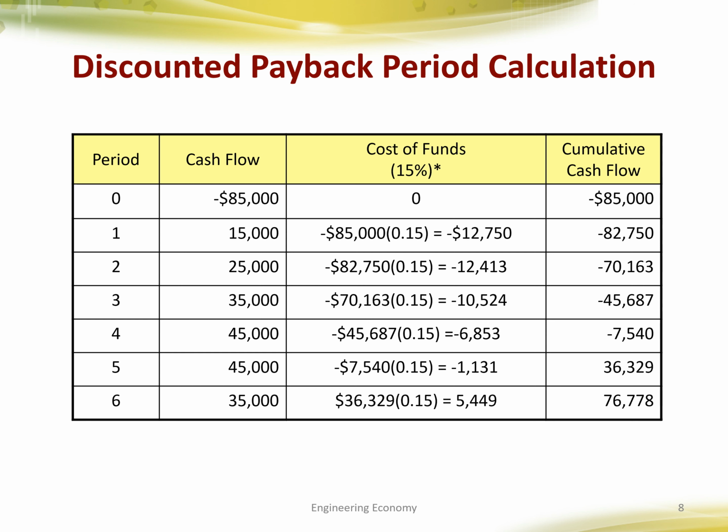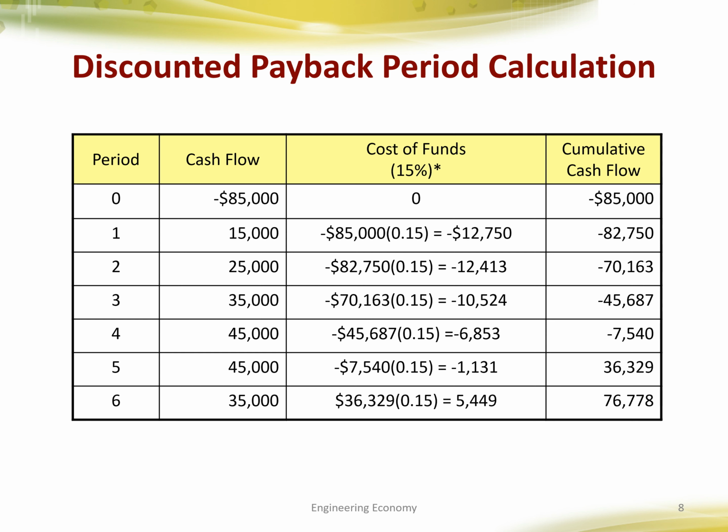Okay, so one way to do it, of course, we know that we need to consider an interest rate. An interest rate will be compounded into our computation for finding the payback period. So we take still the same net cash flow.